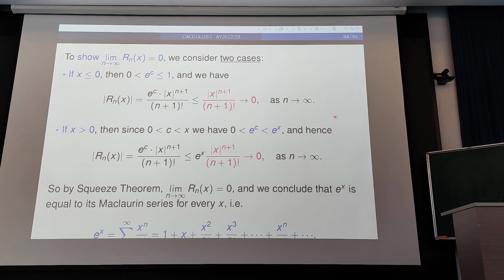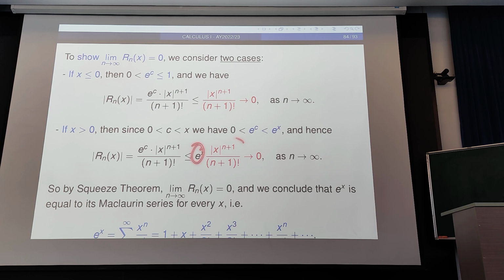So we just consider the one case when x is positive. We have this inequality, then we have this order of e^c and e^x. It's all about the estimation of the remainder term. That means you can bound this remainder term by this number. Okay? You see, now x can be seen as a fixed number.